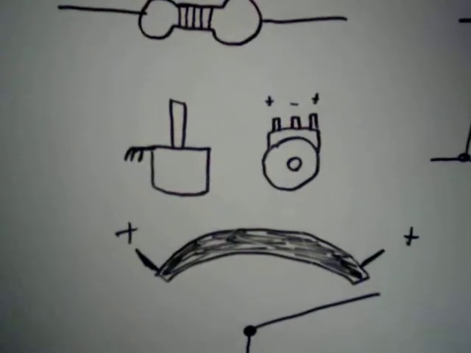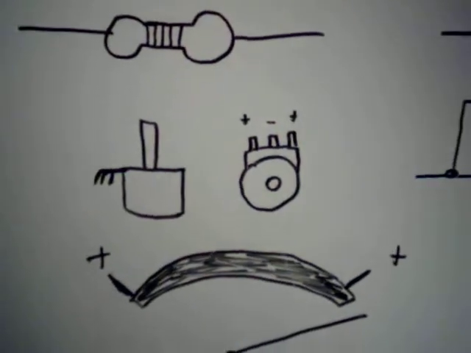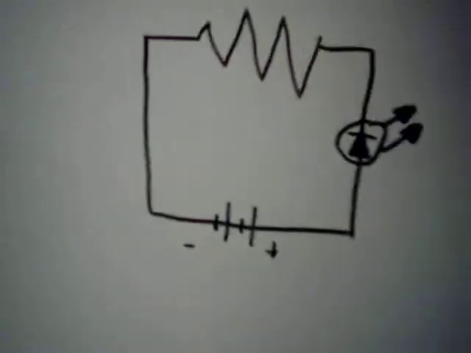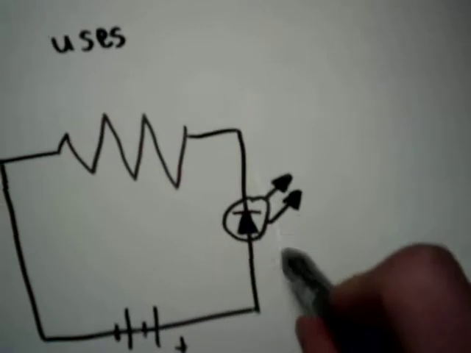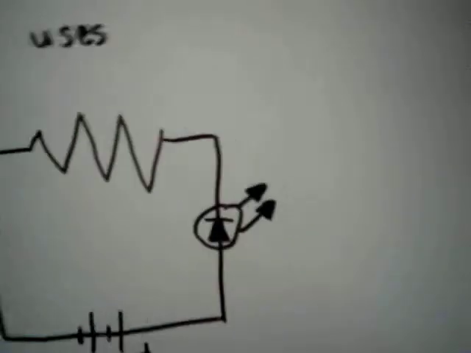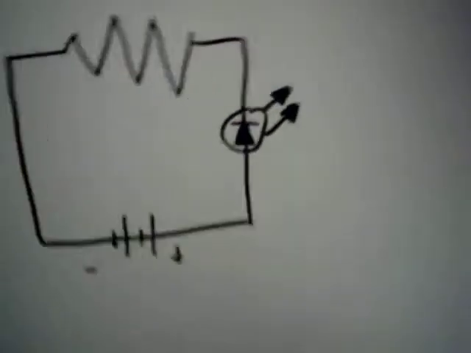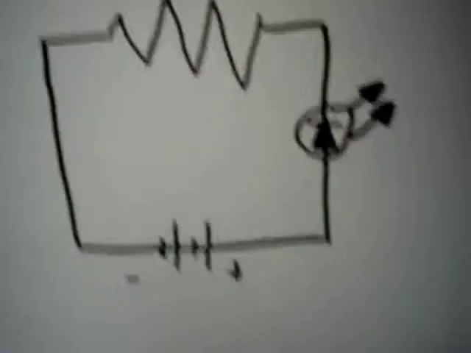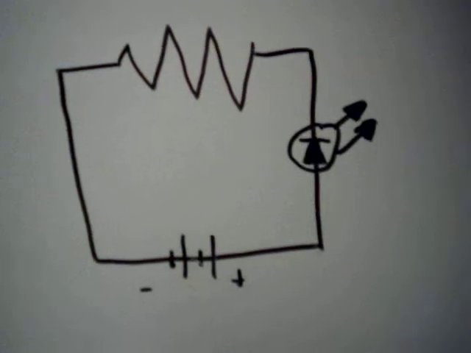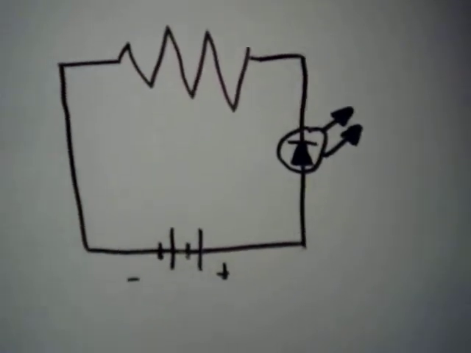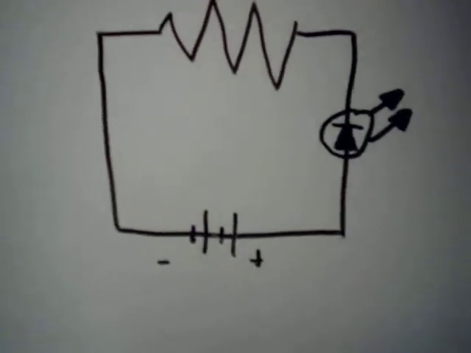But what's the use of impeding electricity? Here's one use. I'll show you. Let's say you have a regular circuit with this, called an LED, light emitting diode. I'll get into those in the future, but they're lights, and they only let current flow in one direction, and they cannot receive too high of a current or too high of a voltage.